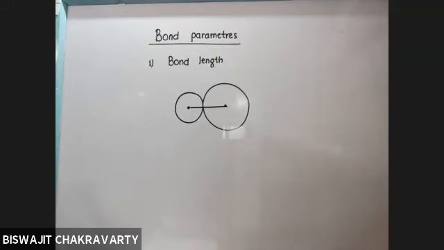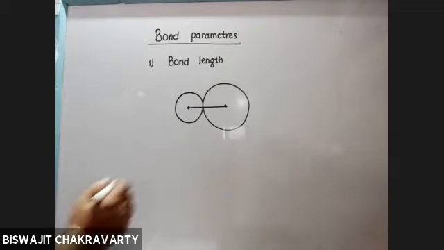Obviously, the atoms will be more stable at a particular distance from each other, and that particular distance at which they are stable with respect to each other will be called the equilibrium distance. At equilibrium distance, whatever is the distance between the nuclei of the two bonded atoms, it is called bond length.